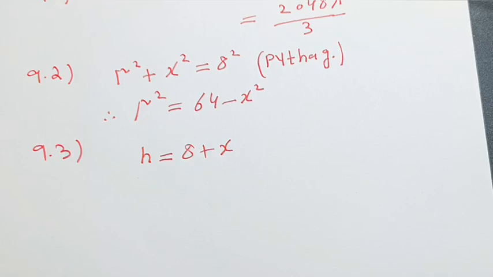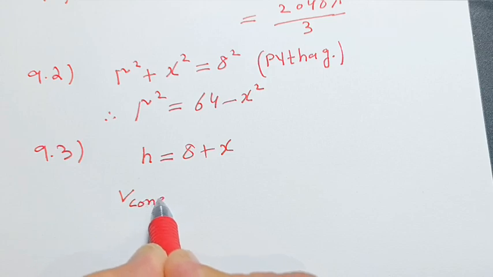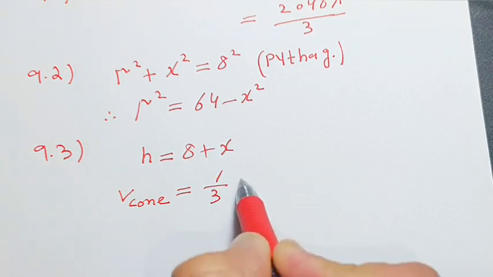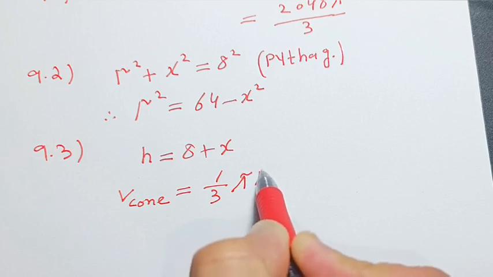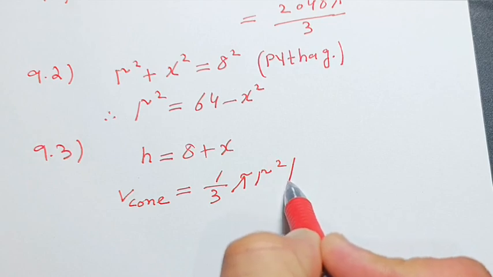Now, the volume of the cone is given by the formula, V cone equals 1 over 3 pi r square h.